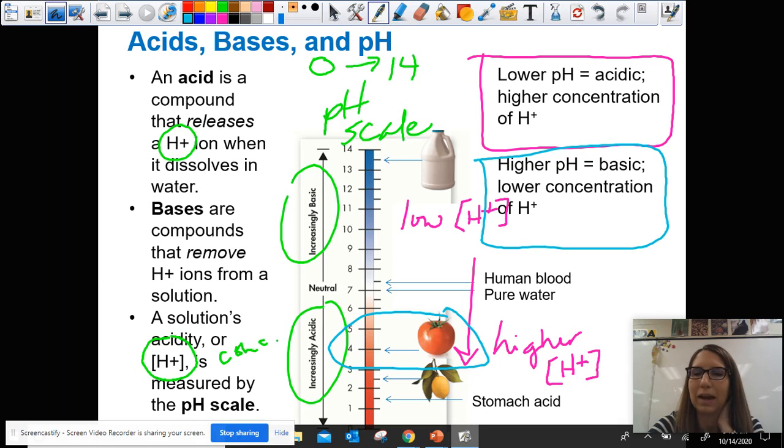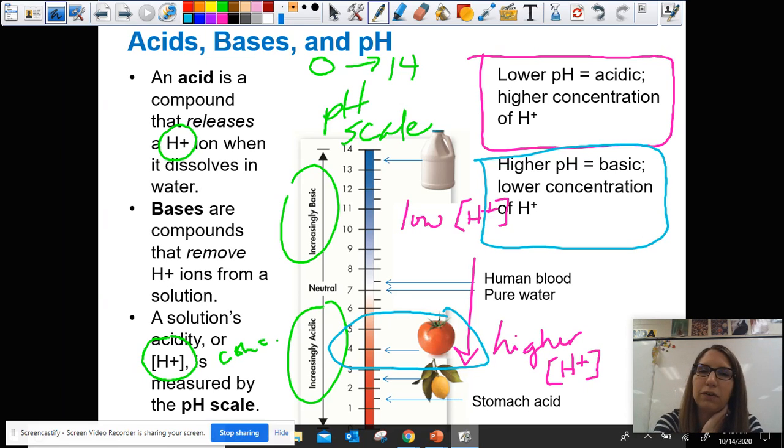If you remember, we talked about acid rain that was around pH 5 or 4.5. Pure water is what we identify as neutral pH. So that's always pH 7. And human blood is slightly basic, actually. So we're a little bit on the other side of that pH, about 7.5.